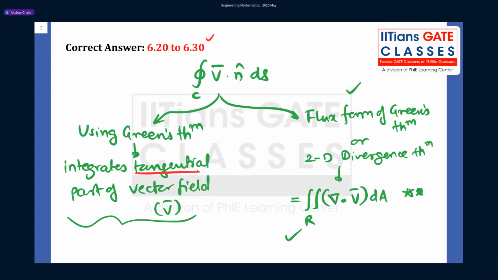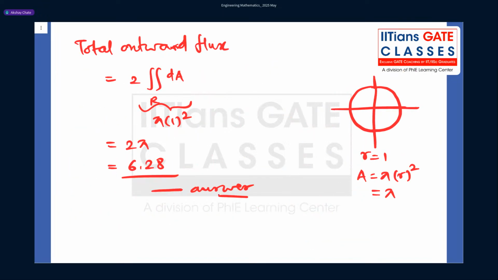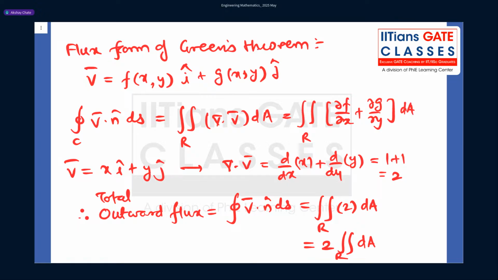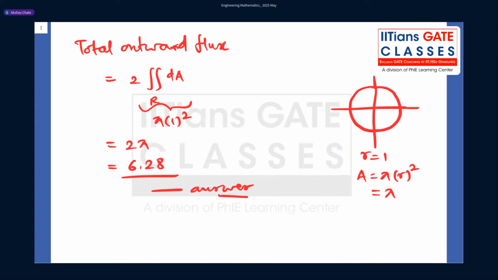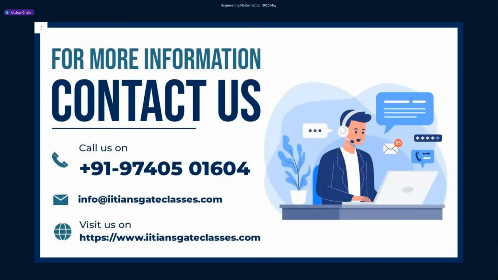They were interested in the flux, which is the normal component. So you have to use this form of Green's theorem, the flux form of Green's theorem or 2D divergence theorem.